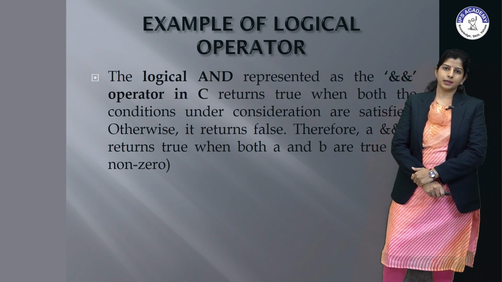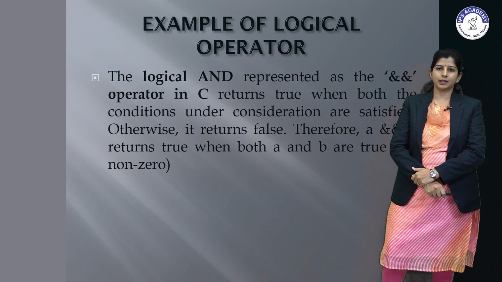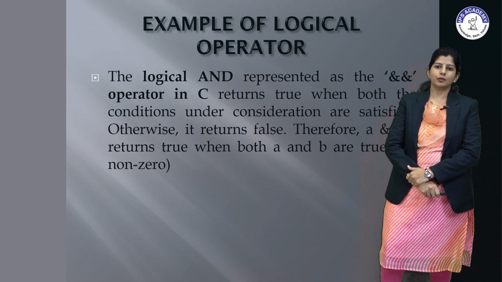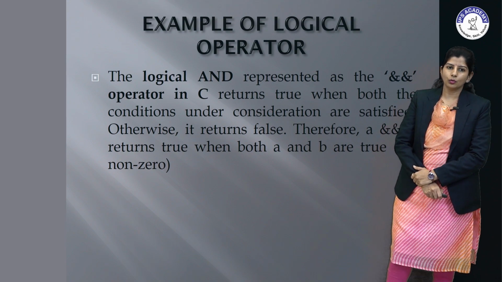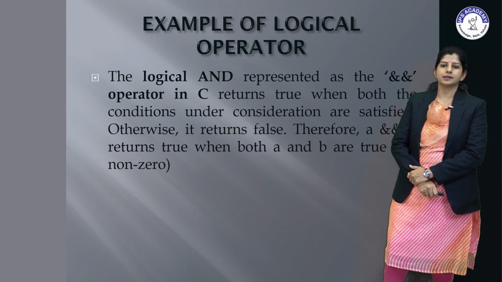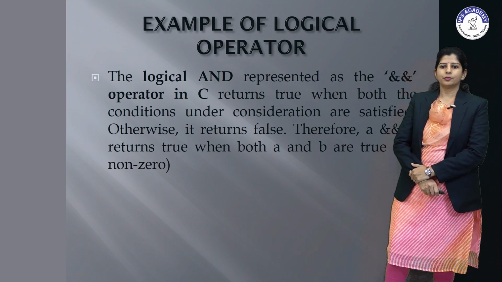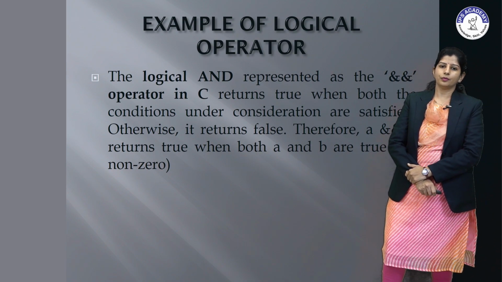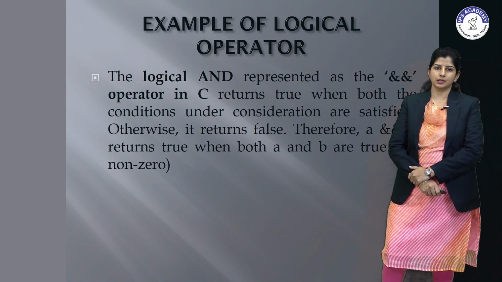We use the double AND operator, not a single AND operator. The operator returns true when both the conditions under consideration are satisfied, otherwise it returns false. Therefore, the AND operator returns true when both A and B are true, otherwise it is non-zero, that is, a false condition.